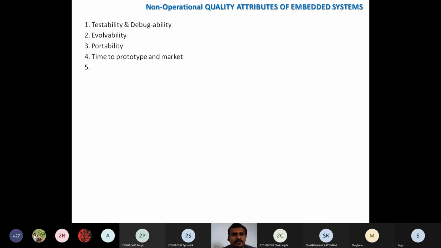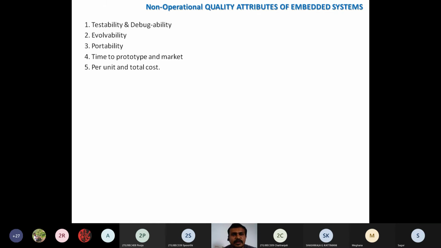Then if we move towards non-operational quality attributes, when the system is in the off mode. What are the non-operational quality attributes we need to take care of while designing the embedded system?